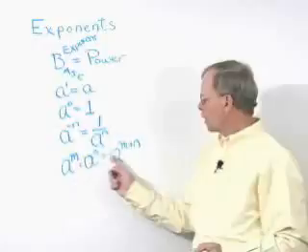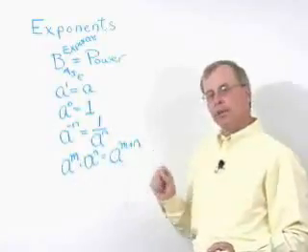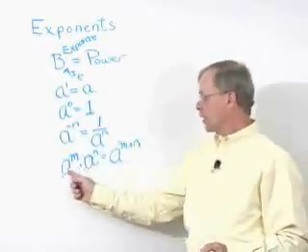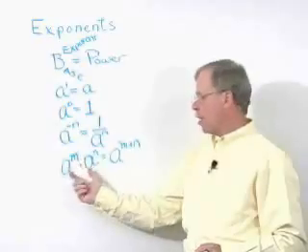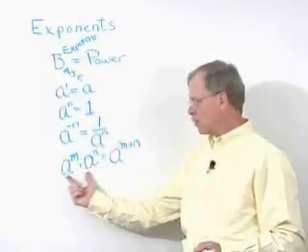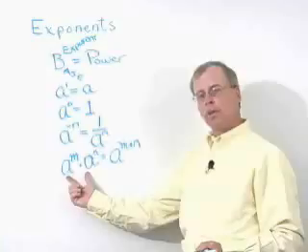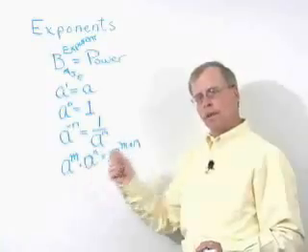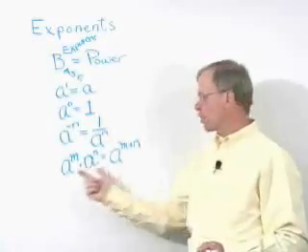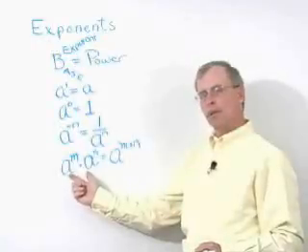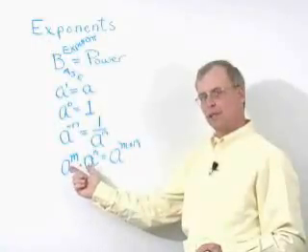Now, we need to be able to say this carefully. This is a to the m power, and this is a to the n power. So what we're doing is multiplying powers. But more than just multiplying 2 powers, we're actually multiplying 2 powers with the same base.